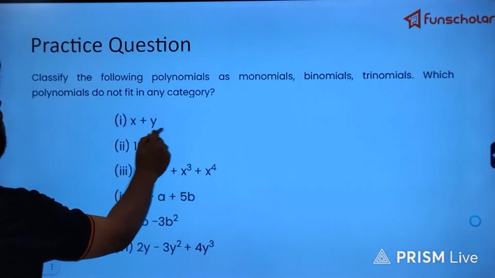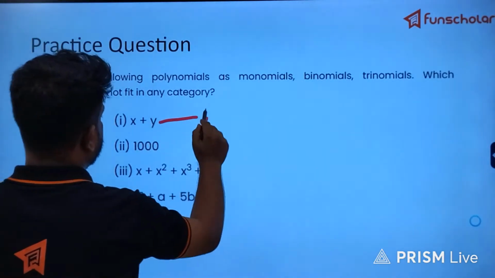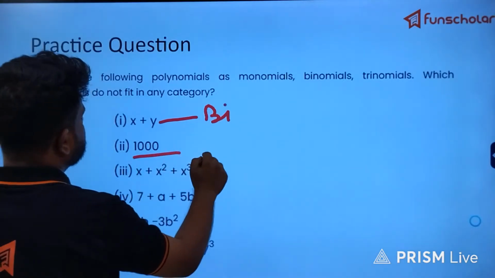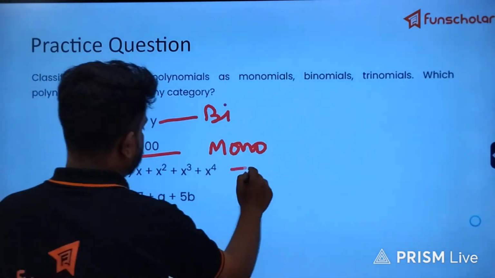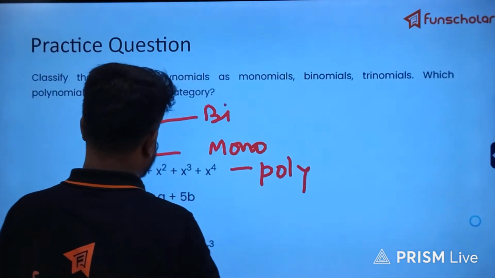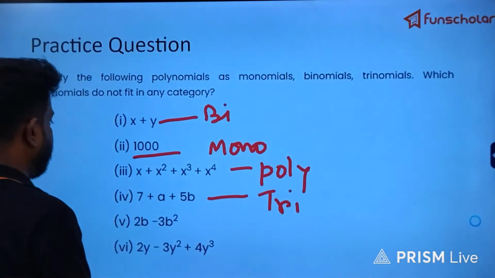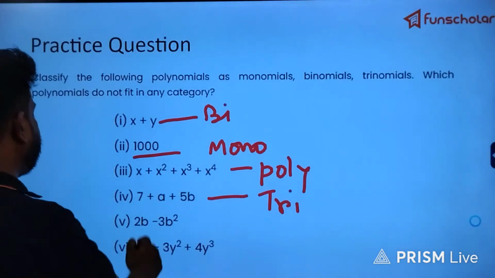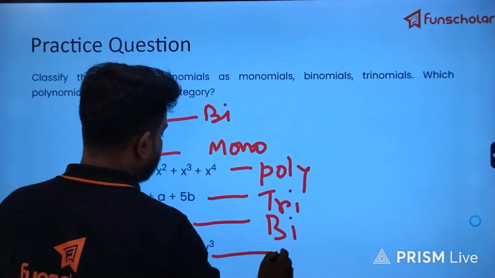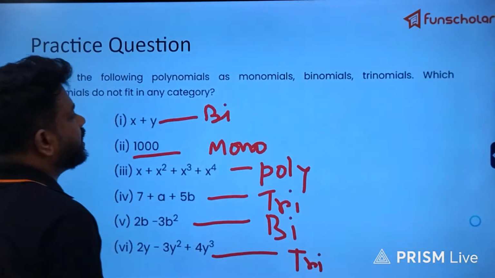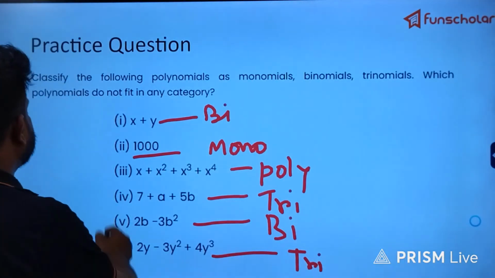The first one will be binomial, the second one is monomial, the third one is a polynomial, the fourth one will be a trinomial, the fifth one will be a binomial, and the sixth one will be a trinomial. They have also asked which polynomial does not fit in this category. So it will be the second one.